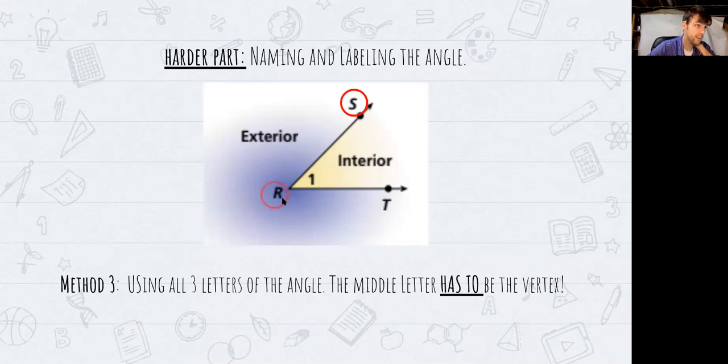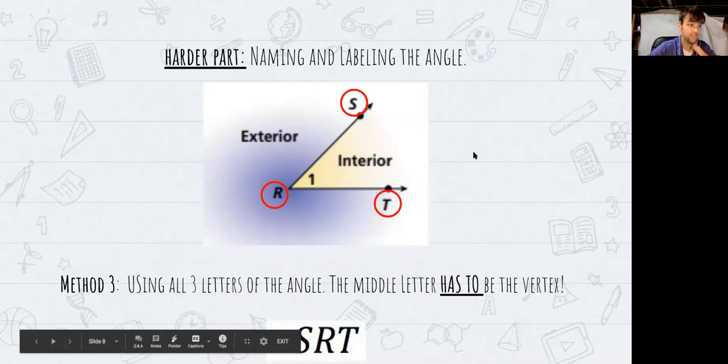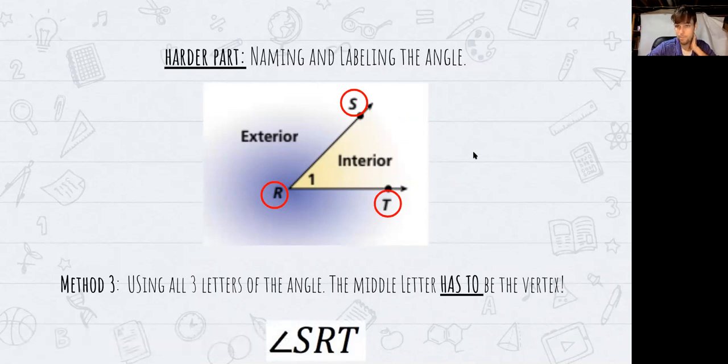We have S, and we have R, and we have T. So we can call this angle SRT. It's really important that they're in this order or another similar one, because if you follow those letters, you follow those points, you kind of trace out the angle, right? If I follow them, I go SRT. It makes the angle when I trace those points.